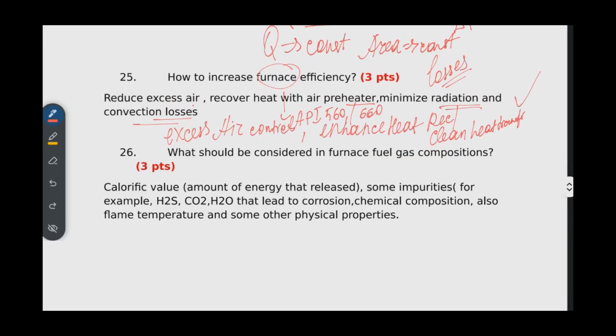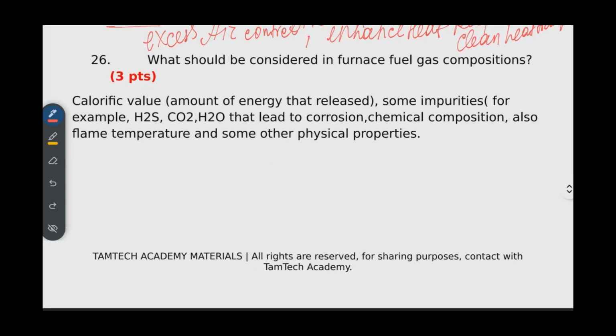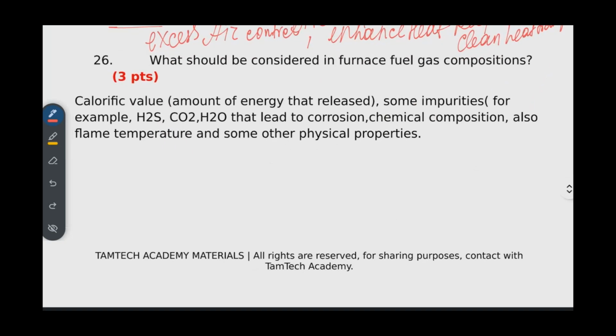Okay, 3, it's fine. What should be considered in furnace fuel gas composition? Very good question, actually, because we need to be careful here of which parameters we are talking about. First of all, for me, it's the heating value, then your sulfur content, then some impurities.